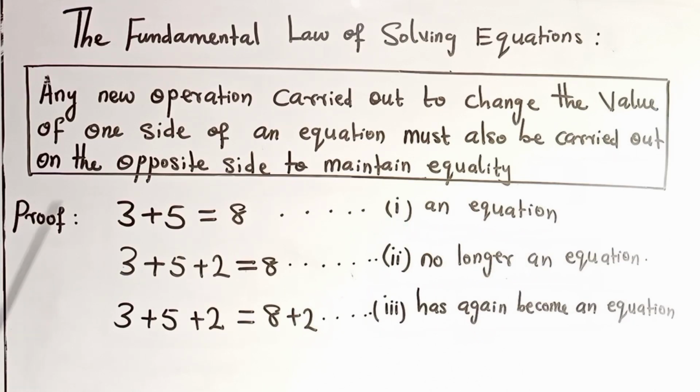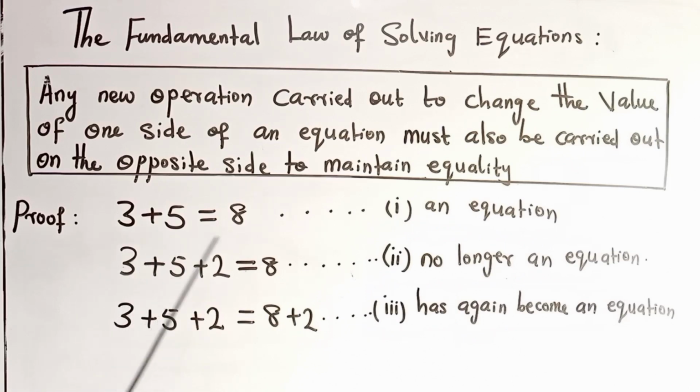Now watch out. I want to add 2 to this left-hand side. Only 3 and 5 make the left-hand side. Let me add 2 to them to make 3 plus 5 plus 2. And let me not do anything to the right-hand side.